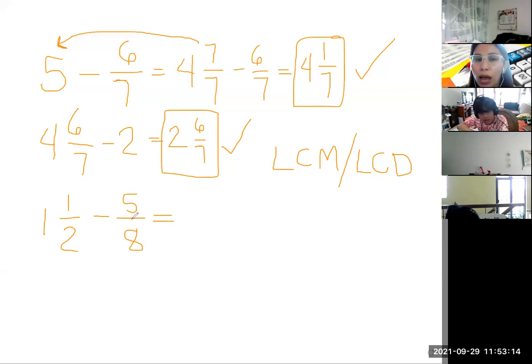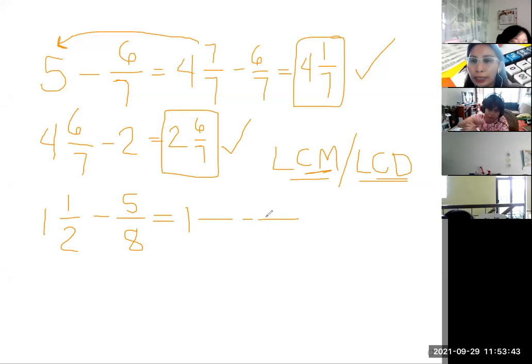Kapag magkaiba po ang fractions, pag magkaiba, if the given is in dissimilar fractions, we need to get the LCM or LCD first. Now, what's the LCM of 2 and 8? It's 8, correct. So, let's write 8 there.